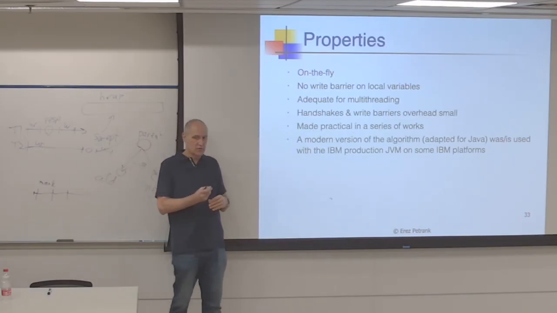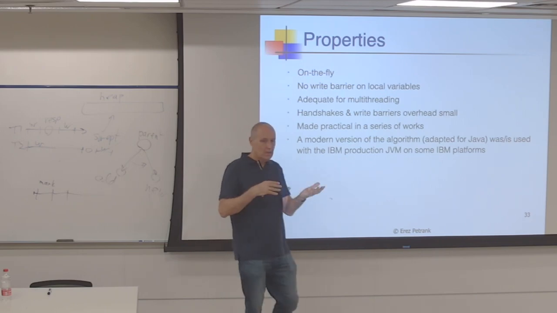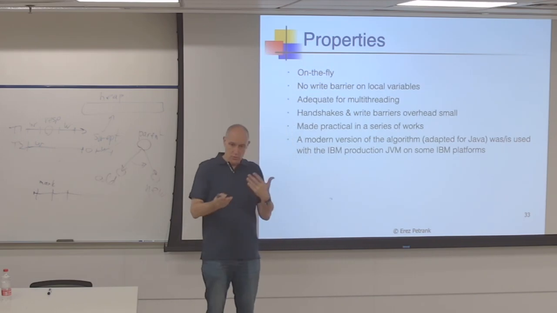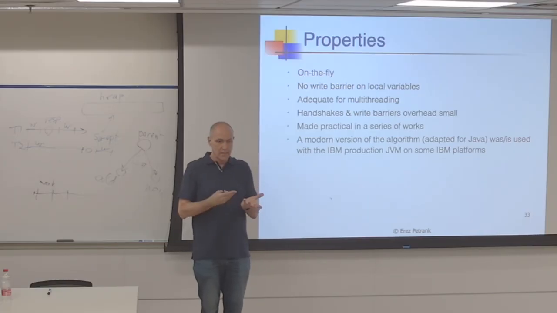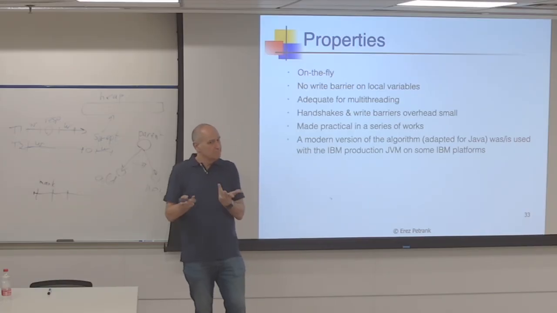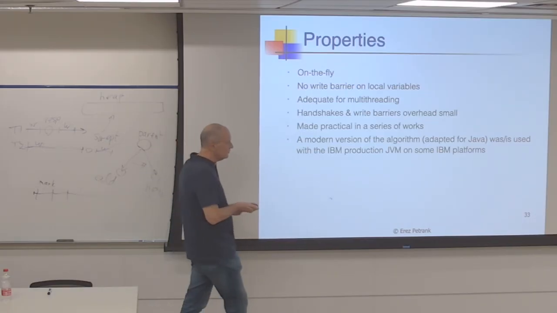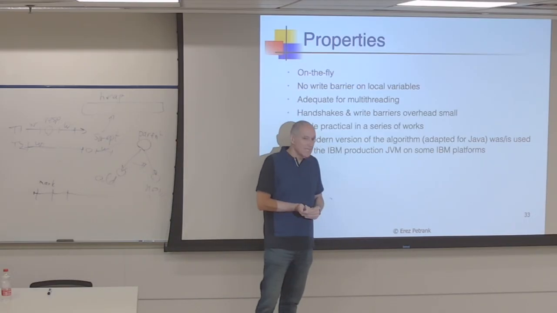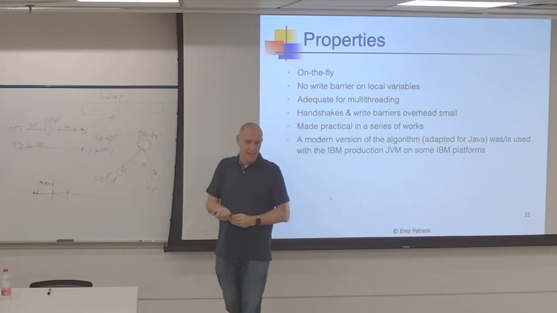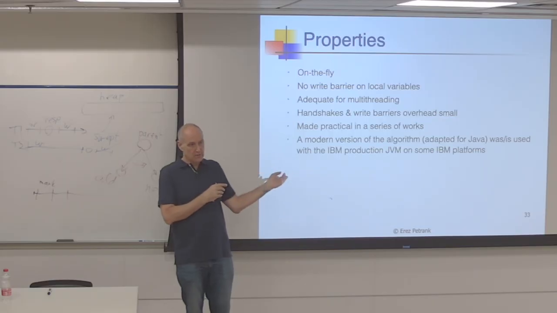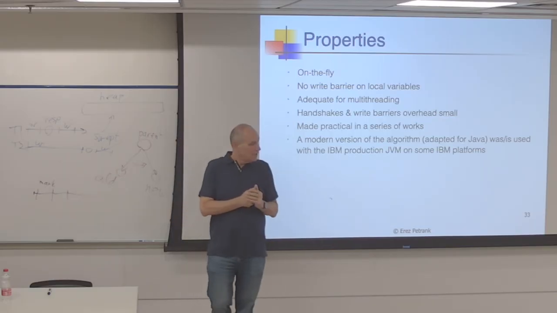Whenever there was a Java change, whenever there is a new JDK with new features of the Java programming language, you need to change the collectors. And it became too difficult to maintain it. And then they moved to a lot simpler collector, which we'll talk about in the next hour.